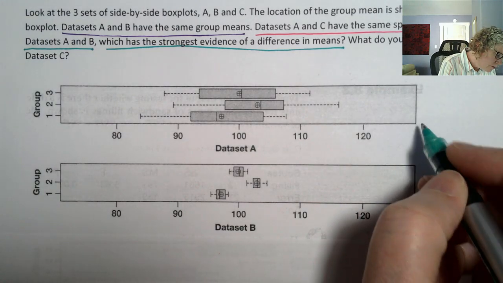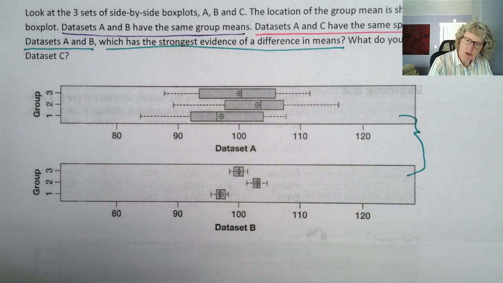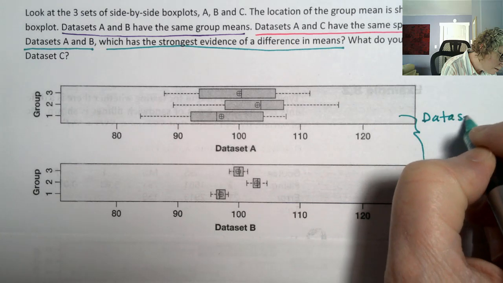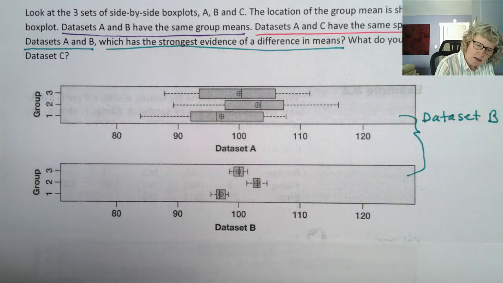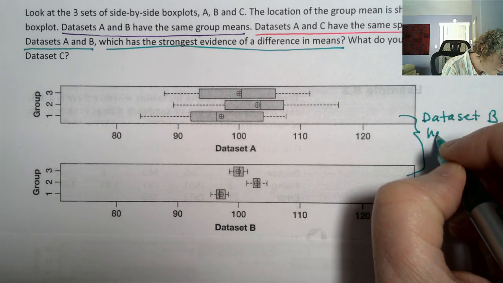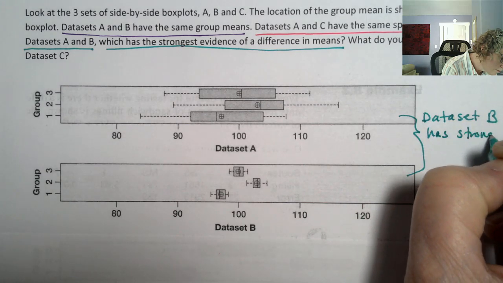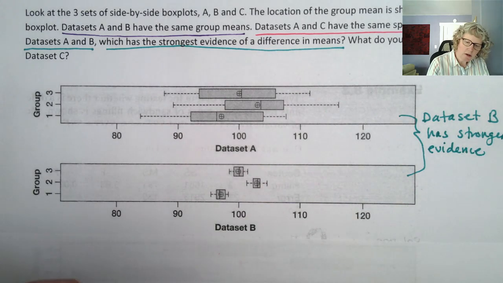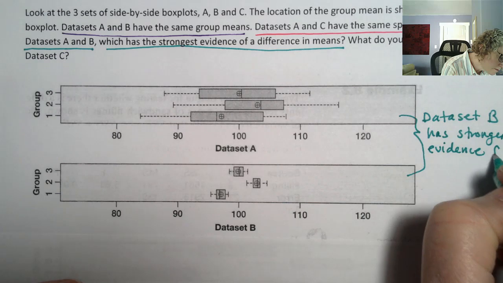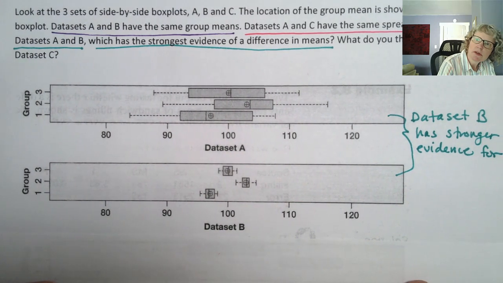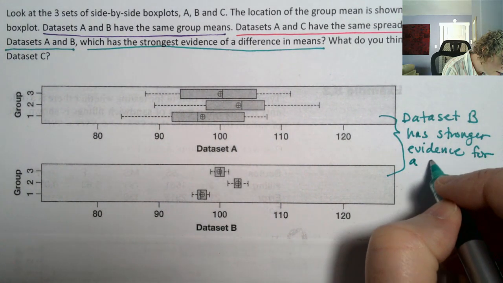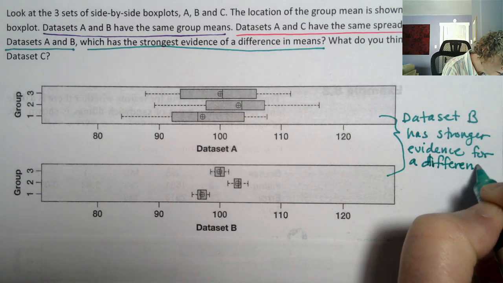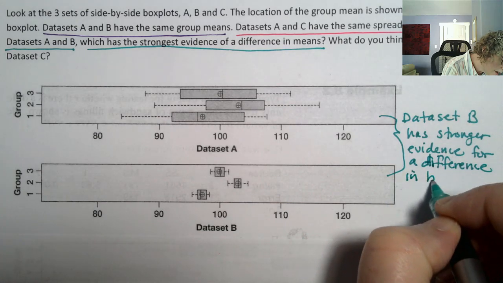So if you said between these two, data set B has stronger evidence for a difference in means.